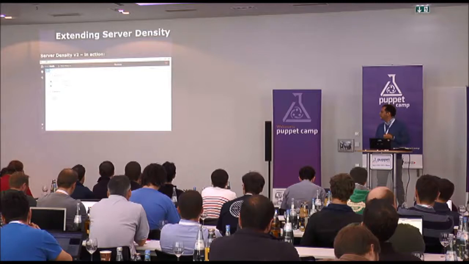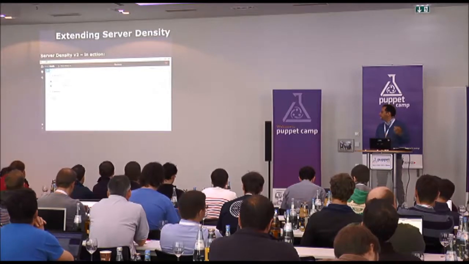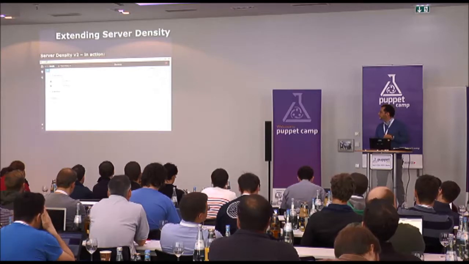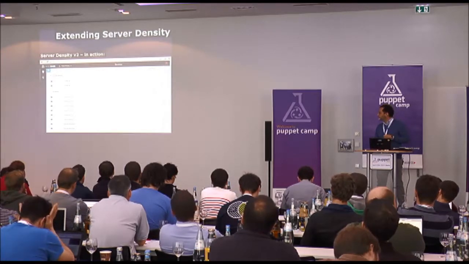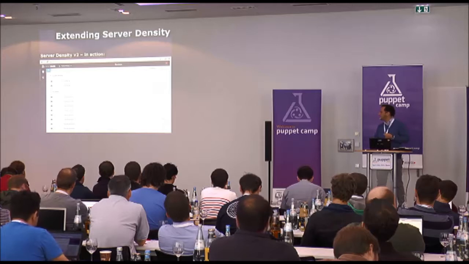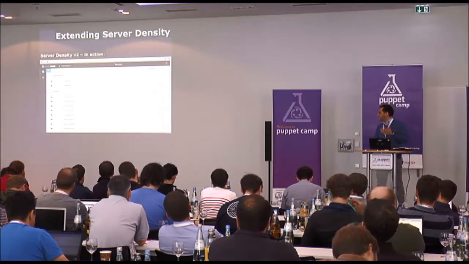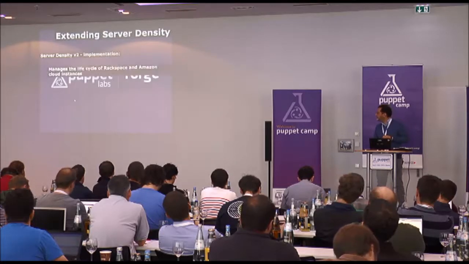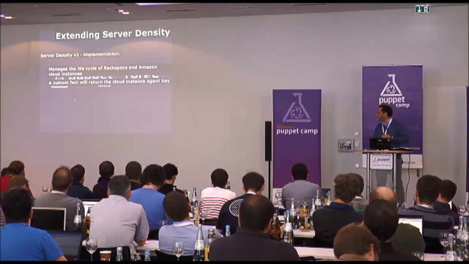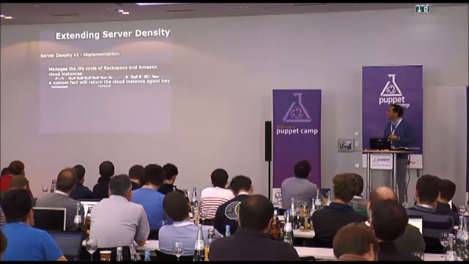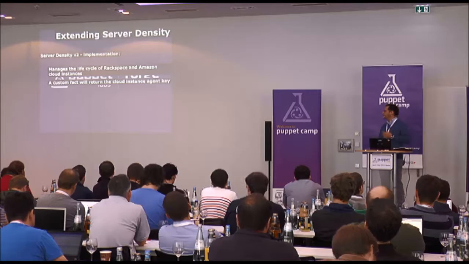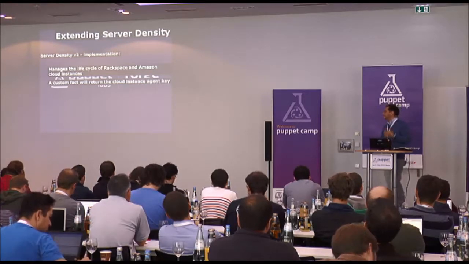What happens in the background? You go to the Server Density UI, create the agent as before, and all the agents that you've created show on the UI automatically. What is actually happening on the Puppet side behind the scenes is that a custom fact is returned from the device if it is a cloud instance.